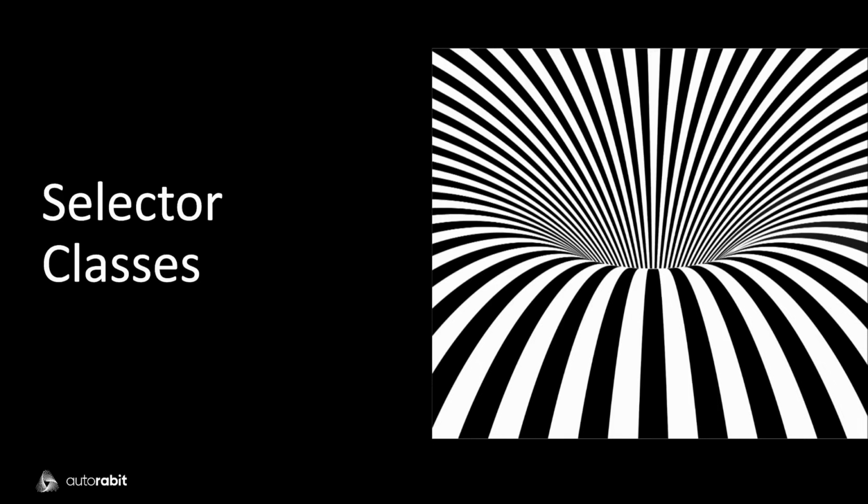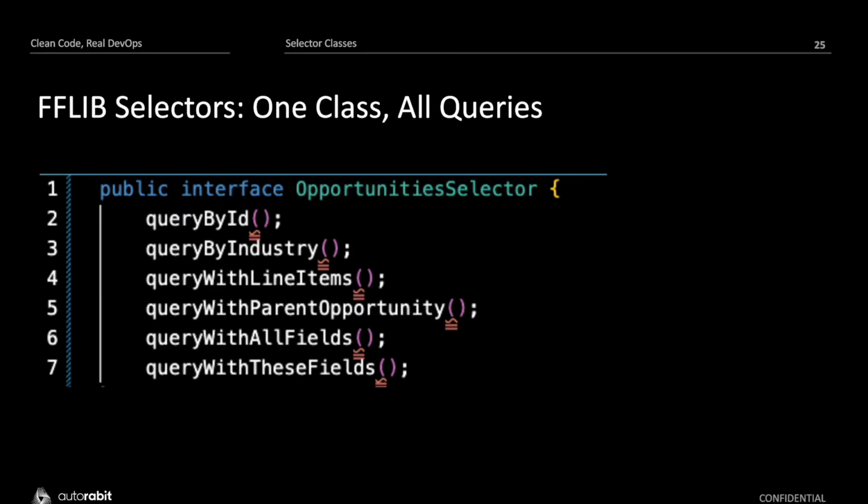Now let's talk about selector classes, because that's a big part of the fflib library. And so again, selector classes, like domain classes, can quickly become a God class. You just put all your queries there. And one of the challenges of selector classes is that they basically create inertia for you to create very special purpose methods.